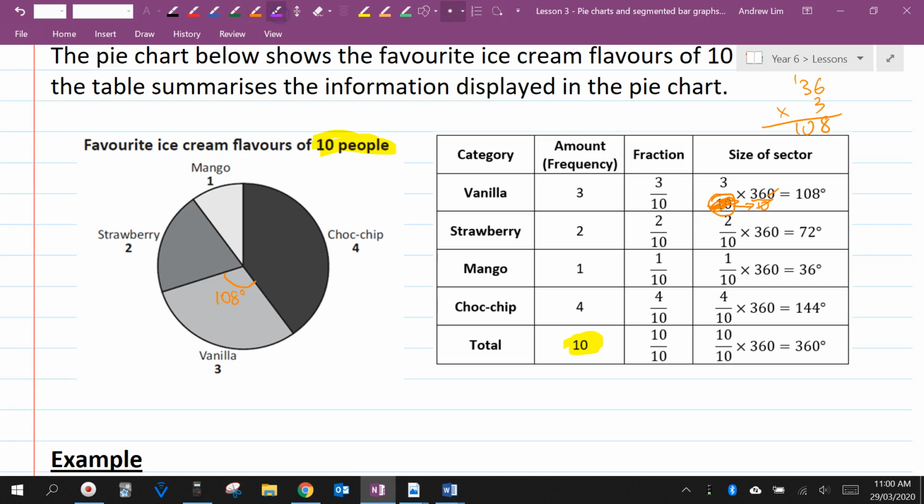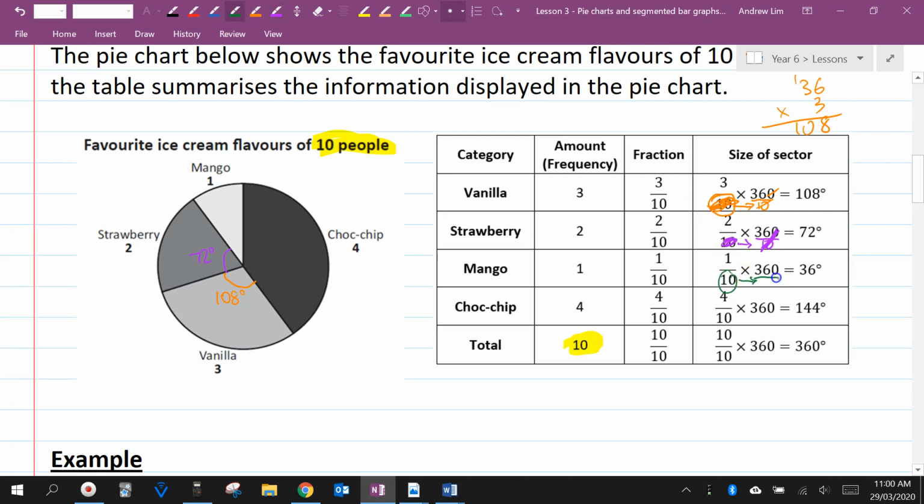So we have a look at strawberry. The fraction is 2 out of 10. We can move this 10 to underneath this one instead. 360 divided by 10 is 36. And 2 times 36, or double 36, is 72 degrees. So strawberry, this one here, that angle is 72 degrees. Okay, mango, same thing.